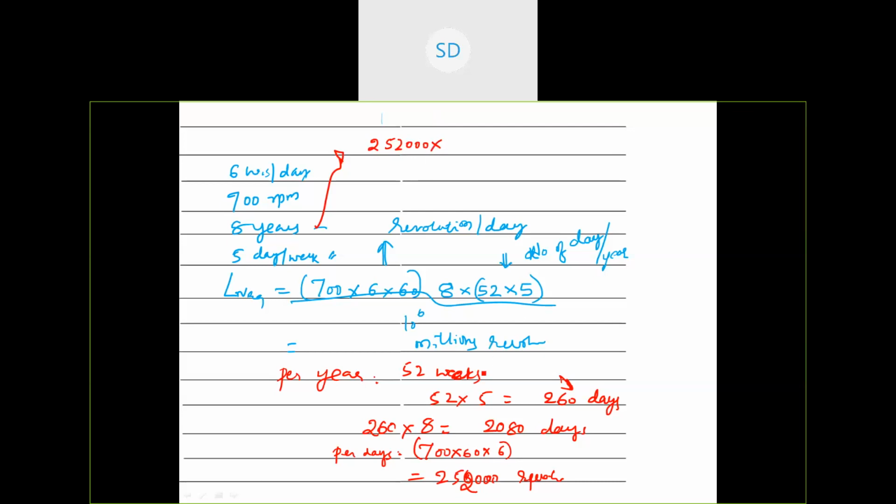How many days here? 2080 days. Now these are the revolutions. To get in terms of millions of revolutions, you just divide by 10 to the power of 6.